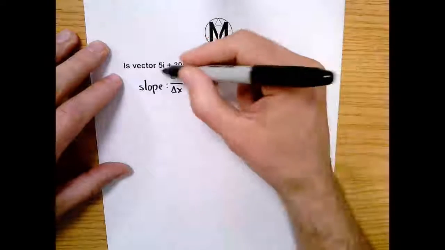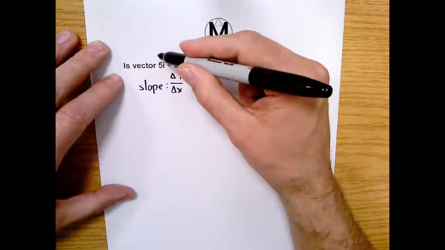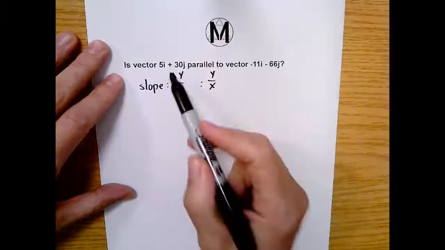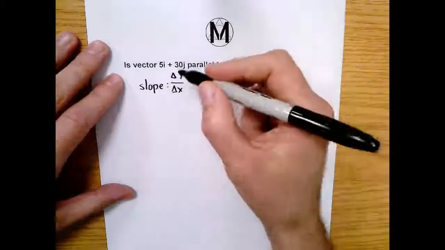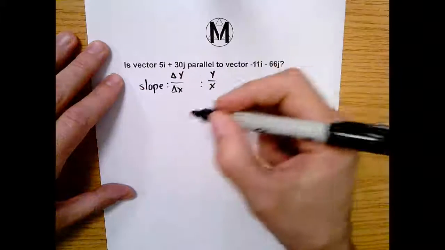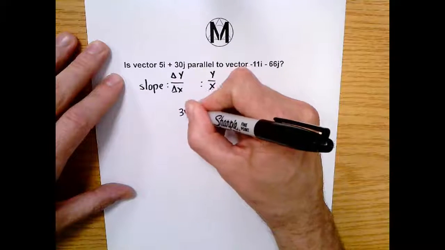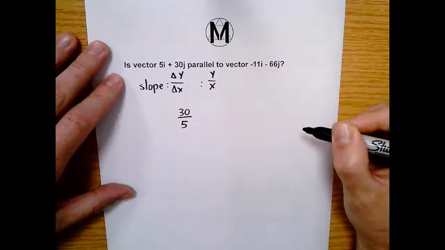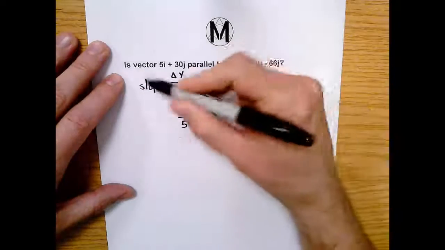So we look at this: the i's are our x values and the j's are our y values. So the slope of this vector would just be y over x, 30 over 5. That is the slope of that vector.